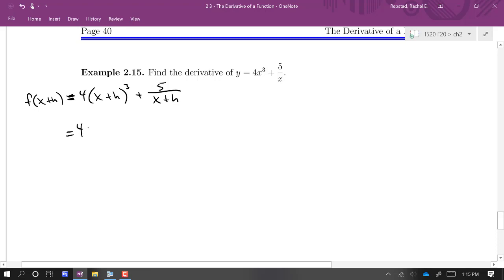So when you expand x plus h cubed, you're going to get x cubed plus 3x squared h plus 3xh squared plus h cubed, and then we can distribute that factor of 4.